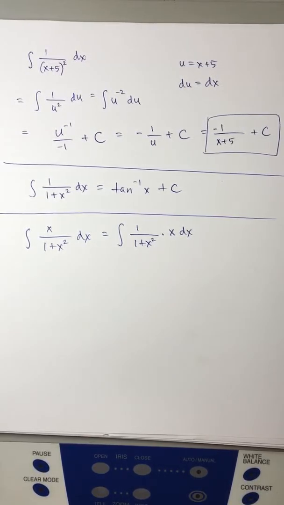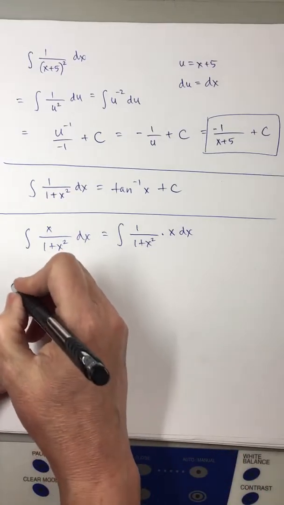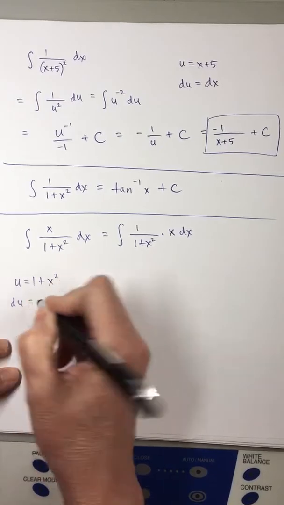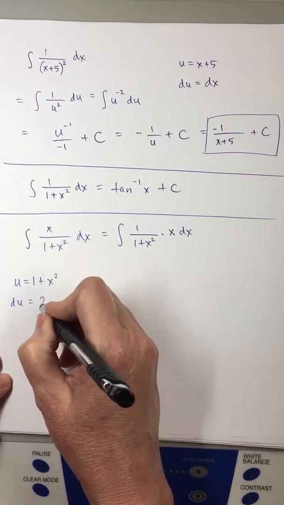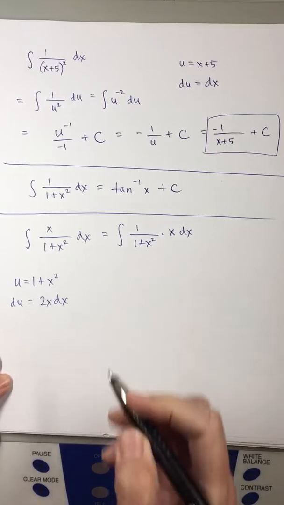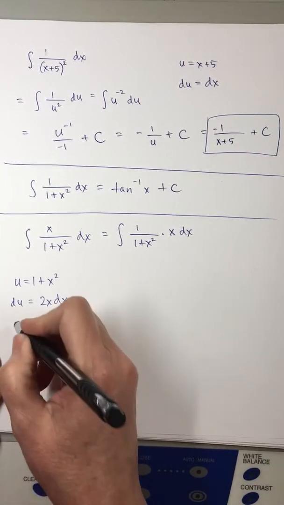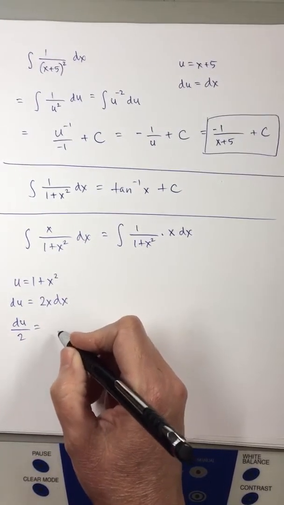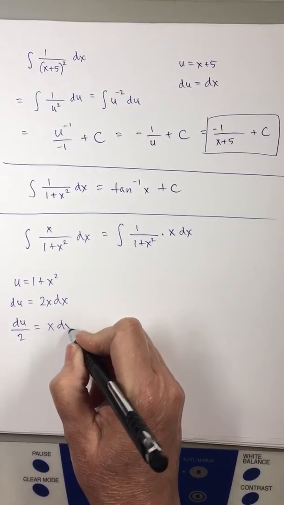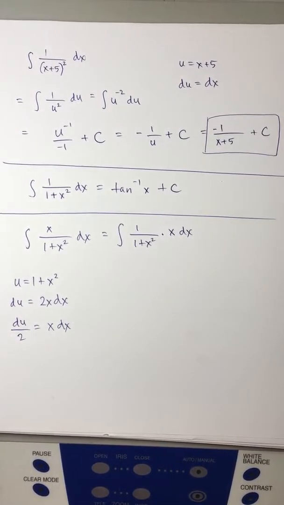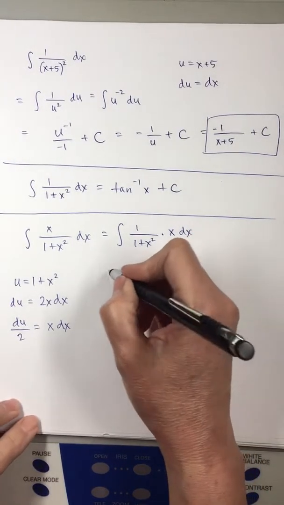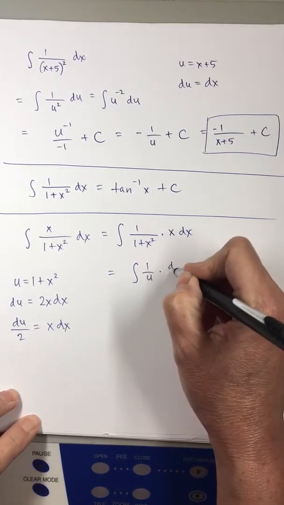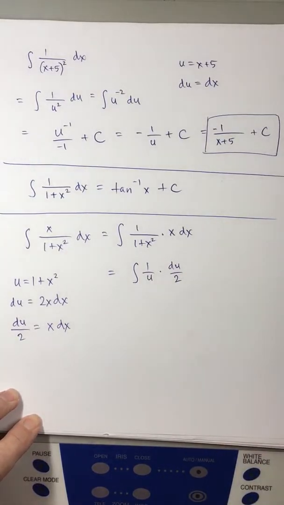U substitution, what is u? U equals 1 plus x squared, and du will be 2x dx. So if I divide both sides by 2, du over 2 is x dx. So when I do the u substitution, that's the integral of 1 over u du over 2.